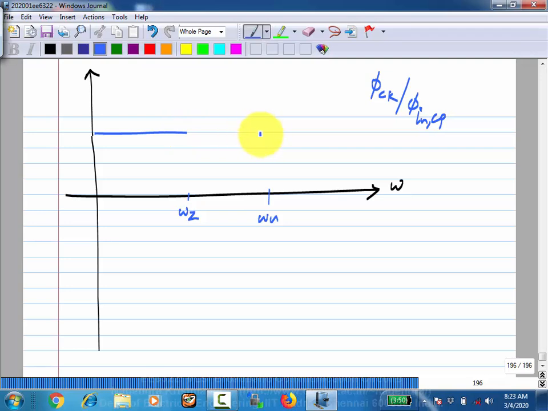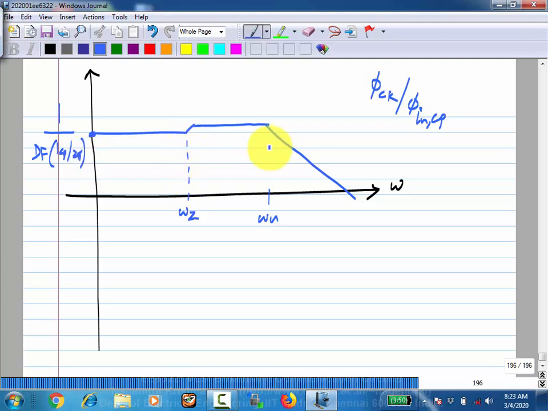To a first approximation, it's a low pass filter with a corner frequency of omega_u. But we know that it will also have some peaking. And this value, how much is this? 1 by damping factor times I_CP by 2 pi. So as the damping factor becomes smaller, this gain becomes larger. Okay?